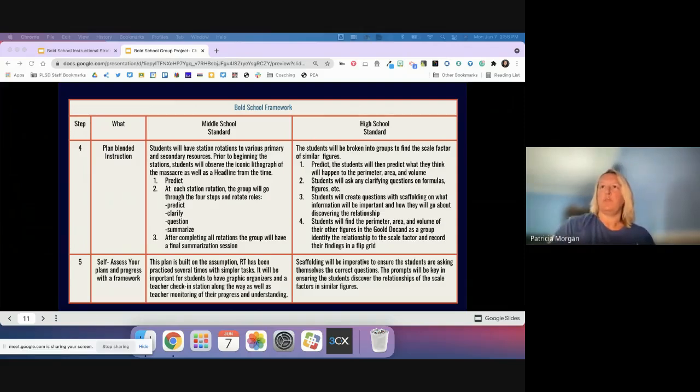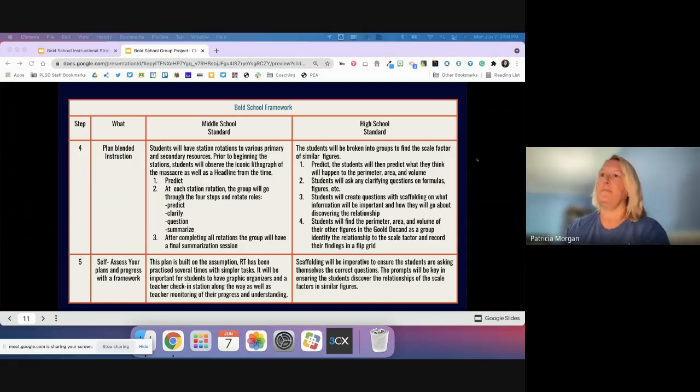So the prediction will be just using an iconic lithograph of the Boston Massacre, and then a headline. So they'll predict, was this really a massacre? And then go through this with their group through various resources, do predict, clarify, question, summarize, and then after going through the various resources, come up with a final summary.